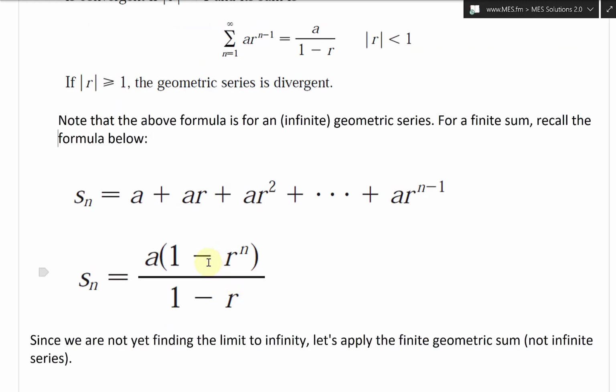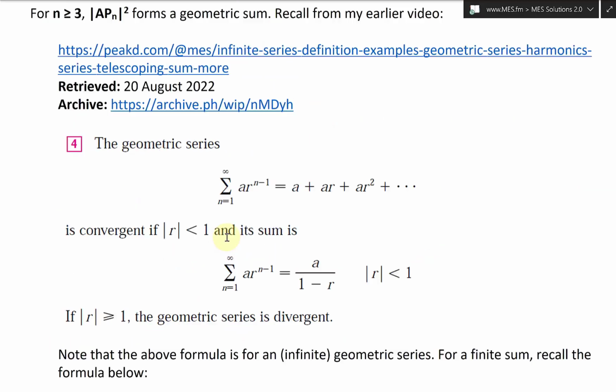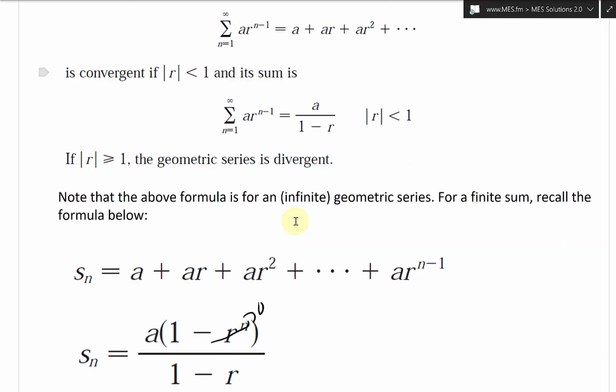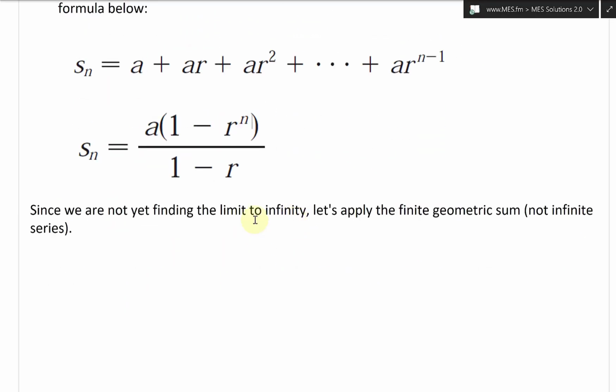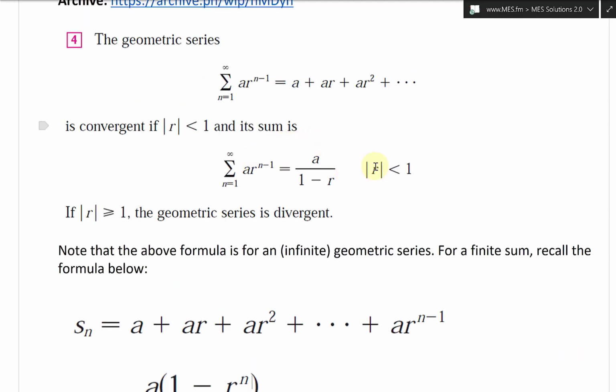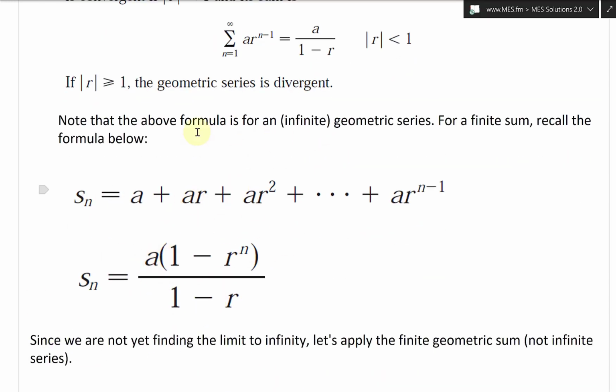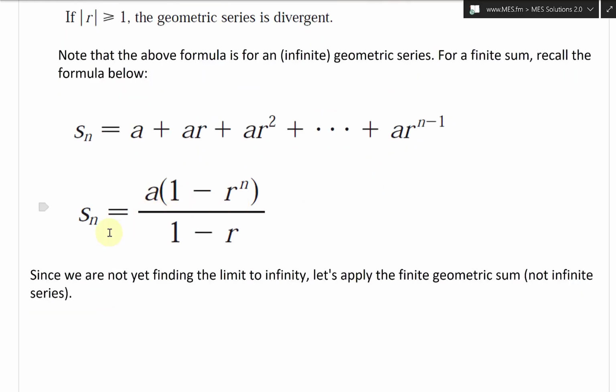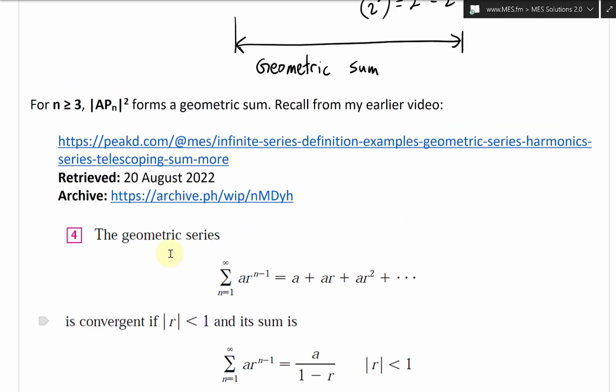When n goes to infinity, if you have a convergent series, r to the n goes to 0, and hence you have a divided by 1 minus r, where the absolute value of r is less than 1. But for the general finite sum, we write it like this. Since we are not yet taking the limit to infinity, let's apply the finite geometric sum, not the infinite series.